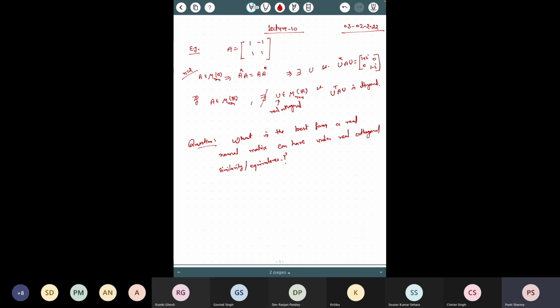So let me explain what he's saying. If A is a real normal matrix, then there exists a real orthogonal U such that U transpose AU is not diagonal, but is of the form block diagonal, where these blocks A_i on the diagonal are either 1 cross 1 or 2 cross 2.